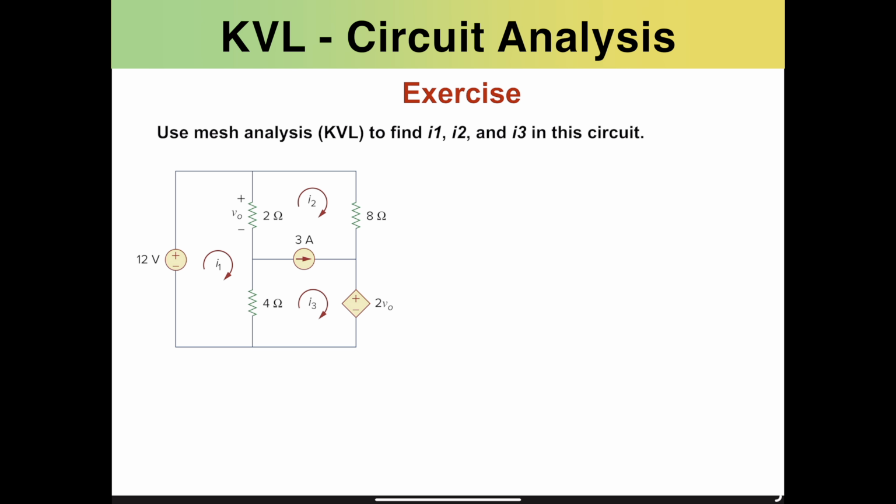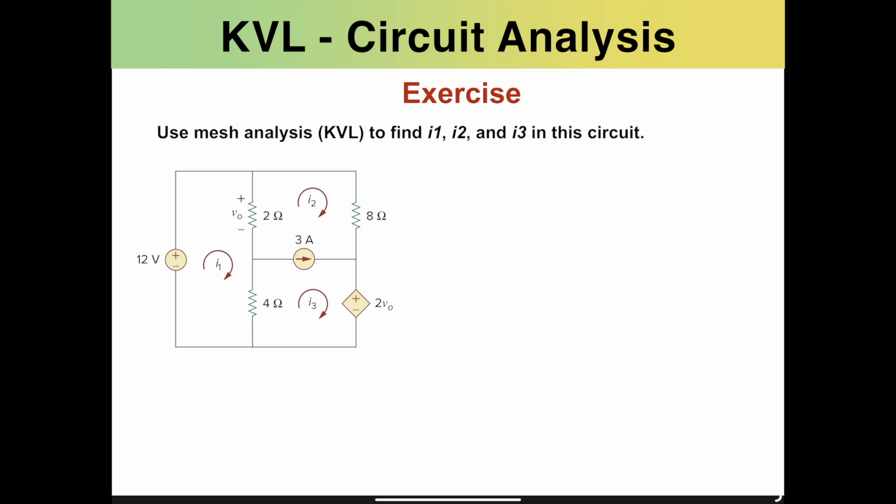So now that we've got some idea about how to use KVL in solving a question, we have another example that I would be leaving out for you guys to have an exercise. In this example, you'll be using the same procedure that I explained, using the mesh analysis. Try to find all of the currents, I1, I2, and I3 in this circuit.